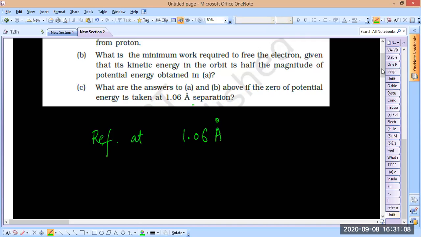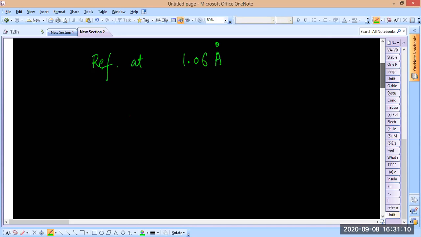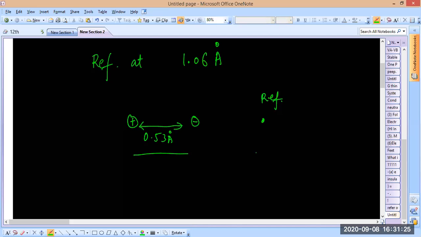So what that means is, this is the proton, and here is the electron, which is actually at a distance 0.53 angstrom. But if you take this point here as the reference, the distance of that point from this proton would be 1.06 angstrom.